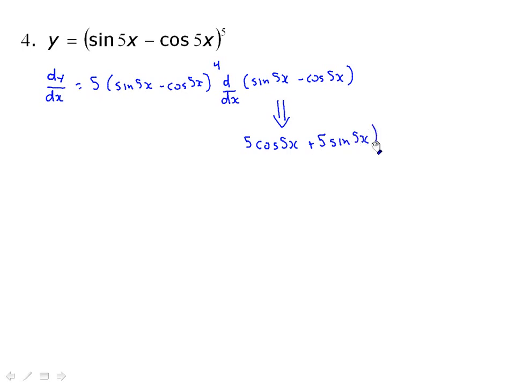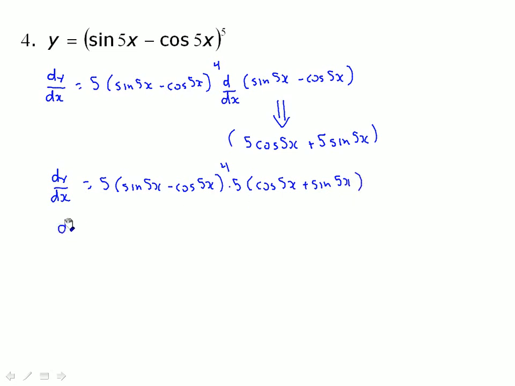Now all this has to be multiplied by the first stage of the derivative, not the original. So we get 5 times sine 5x minus cos 5x to the 4 multiplied by, now when you take a look at this next one, you're probably thinking, as am I, that we can factor out a 5. And then that will give you cos 5x plus sine 5x.